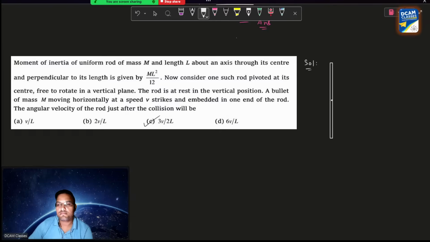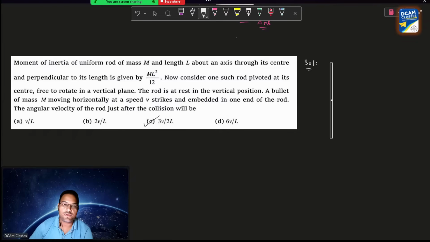The rod is at rest, bullet of mass m with v, and then the rod is also a mass, so 2m into v common. There is no translational motion, na. It's rotating only.